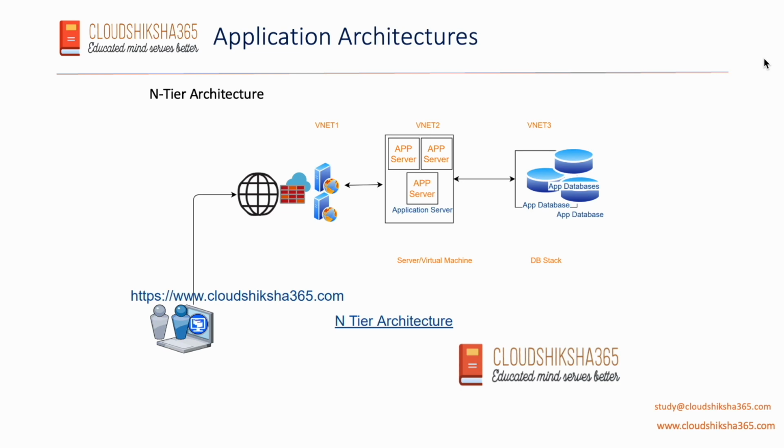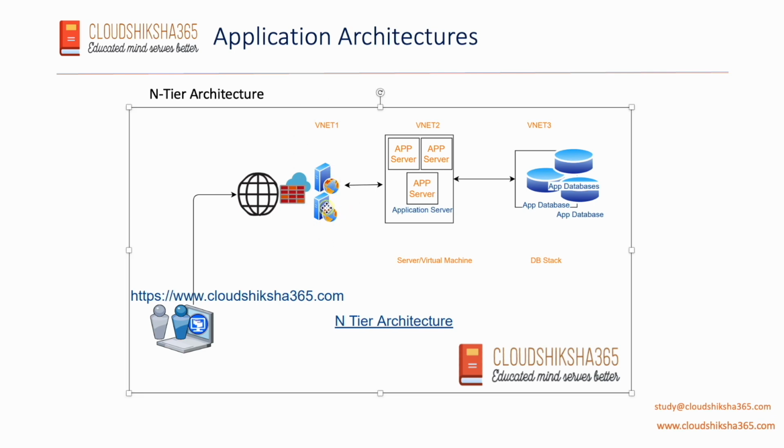N-tier architecture. When we are talking about N-tier architecture, it's very highly available. We have every component in a form of high availability. For example, we have our front-facing web servers, but we have multiple web servers. If one web server goes down, we still have another web server to serve the request. In the same way, for application components we have multiple application servers.